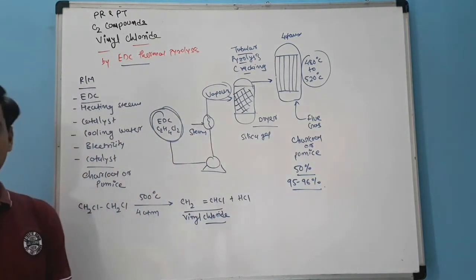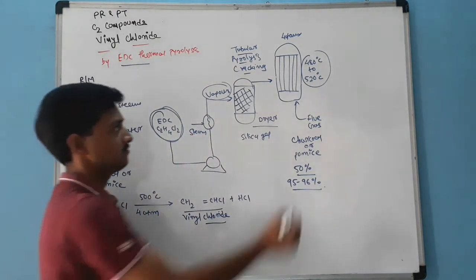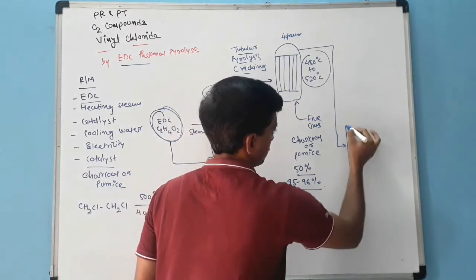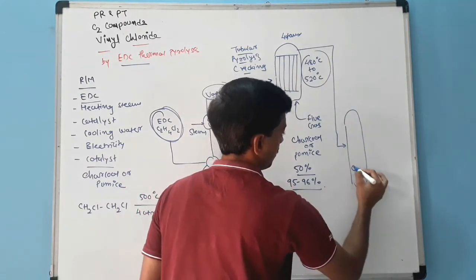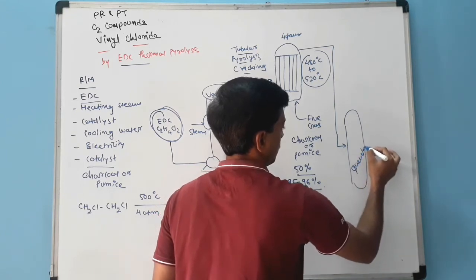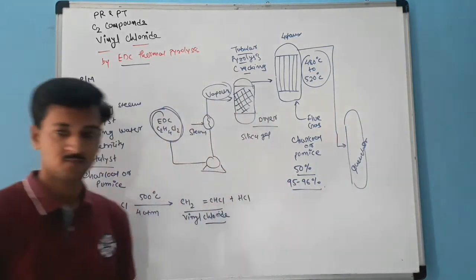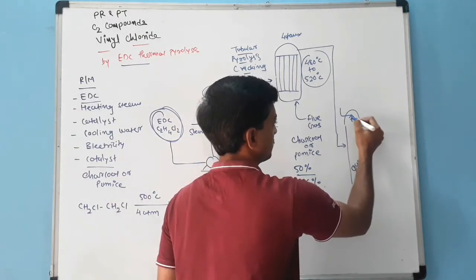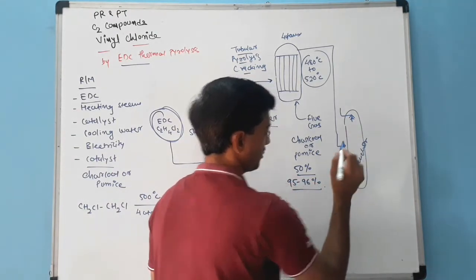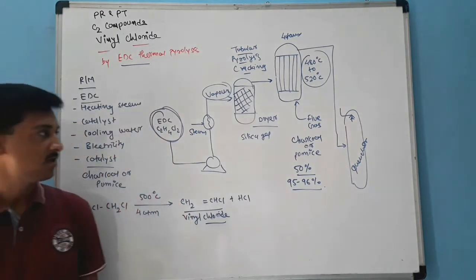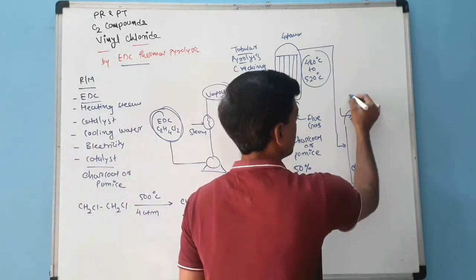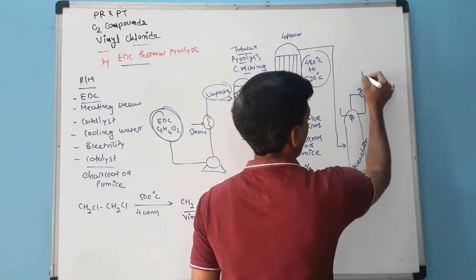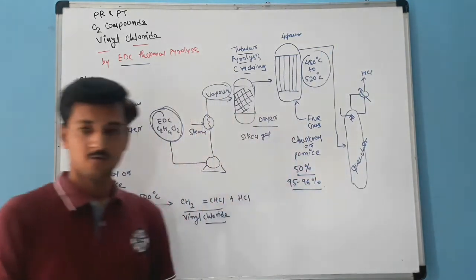Now from this it is sent to a quencher. Ethylene dichloride quench is provided, and from this quench we remove HCl.